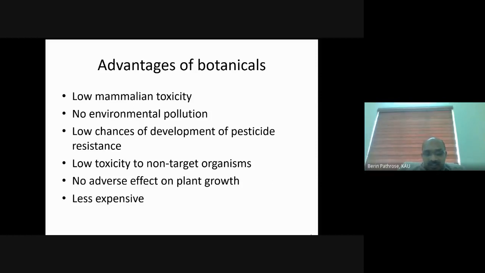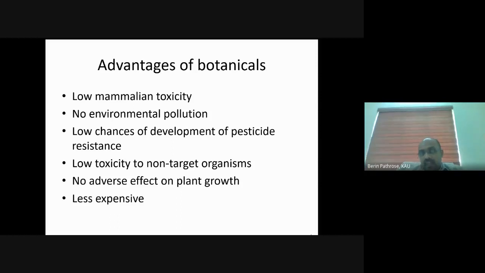So the chances of development of resistance to a botanical are extremely low, because it is easy for an insect to develop resistance to a single molecule. But if a pesticide product has numerous molecules, it is very difficult for the organism to develop resistance to numerous pesticide molecules.